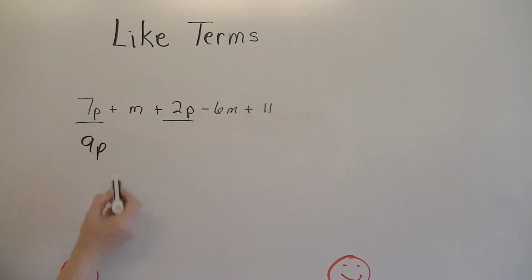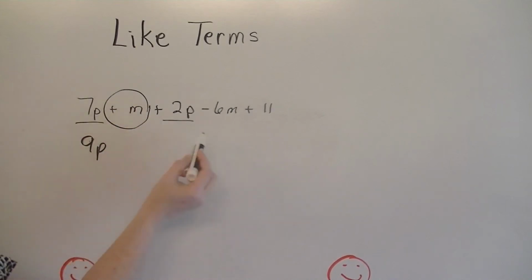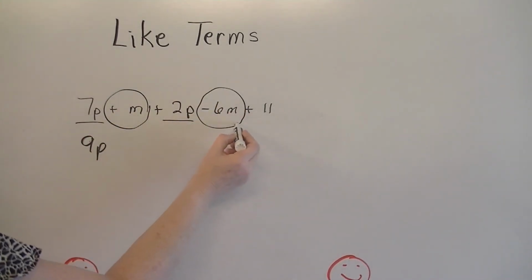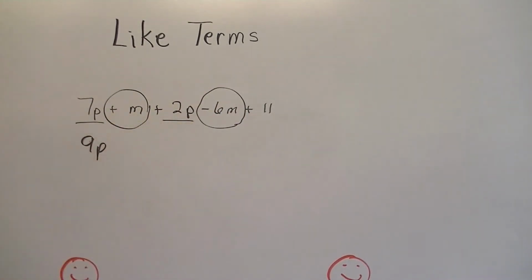And now I'm going to focus on my M. I'm going to circle these so it looks different. And I circled the sign also. I included that in front of this number. So this one's positive, this one's negative. So I would subtract and keep the sign of the bigger number. And then again, my constant is by itself, and I would just bring it down, and that's the answer simplified.